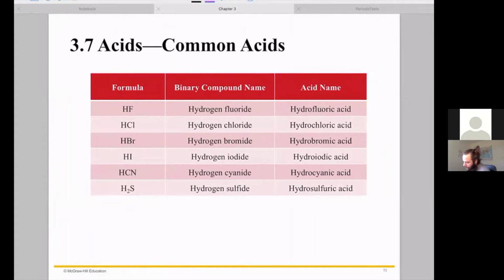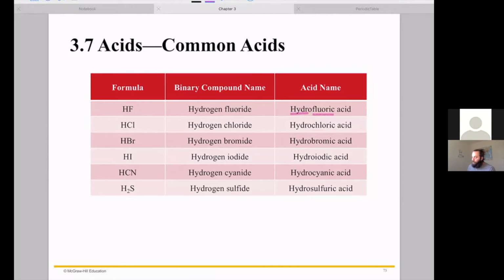If we take this first example here, you might be tempted to give it a name such as hydrogen fluoride. That's how we would name it if it was an ionic compound: the first one, hydrogen, leave that as it is, and then fluoride. But again, we're going to treat this in its own separate category. So this becomes hydrofluoric acid.